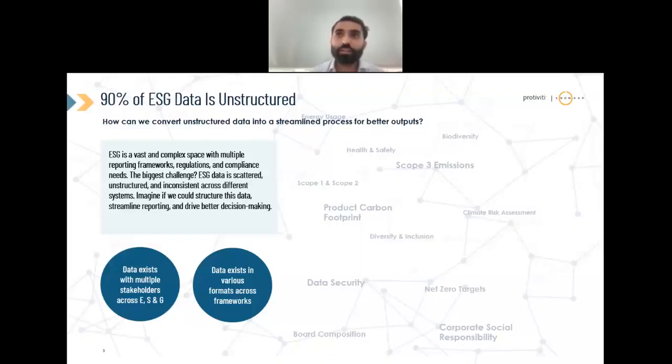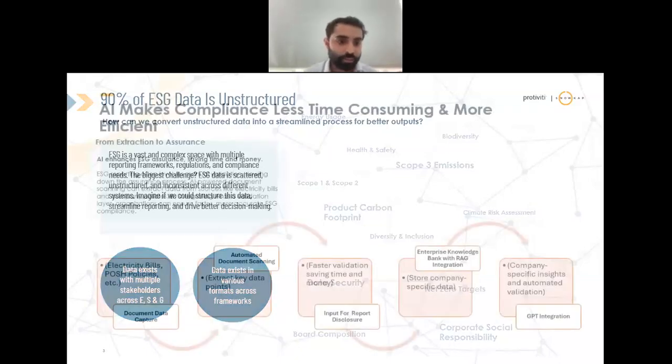By unstructured, I mean it's available in different formats, different systems, and it is not fit for purpose in its raw form for use cases such as reporting, deriving insights, or even target setting. And we think AI has come in a big way to solve this challenge. If we just move to the next slide.